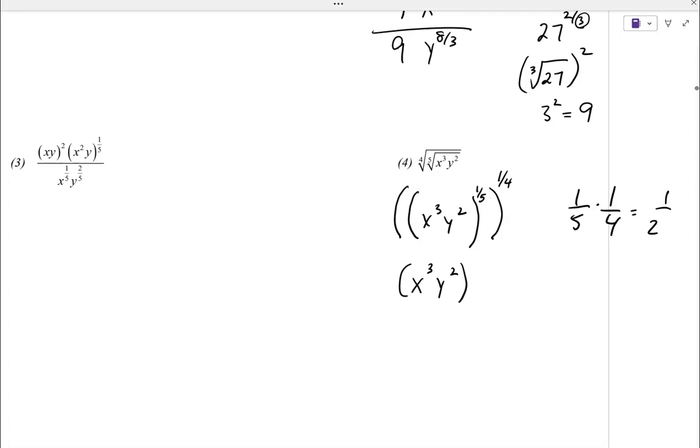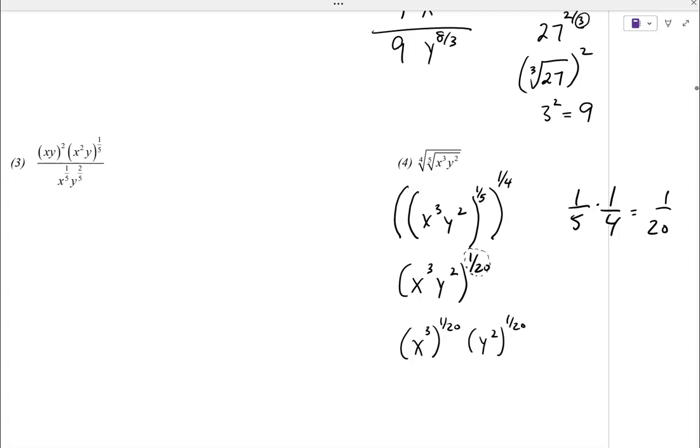Yeah, it's just 1/20, right? Multiply across the top, multiply across the bottom, right? Get 1/20. And now what can we do with this exponent? Distribute. So we get x cubed to the 1/20, y squared to the 1/20.